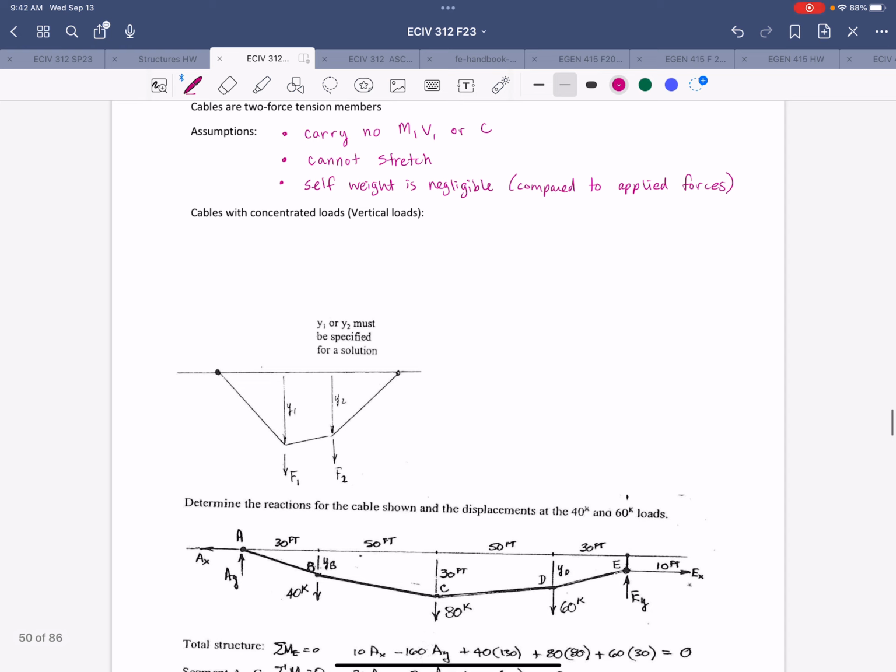All right, so when cables have concentrated vertical loads, the deflected shape of the cable is assumed to be straight line between loads.